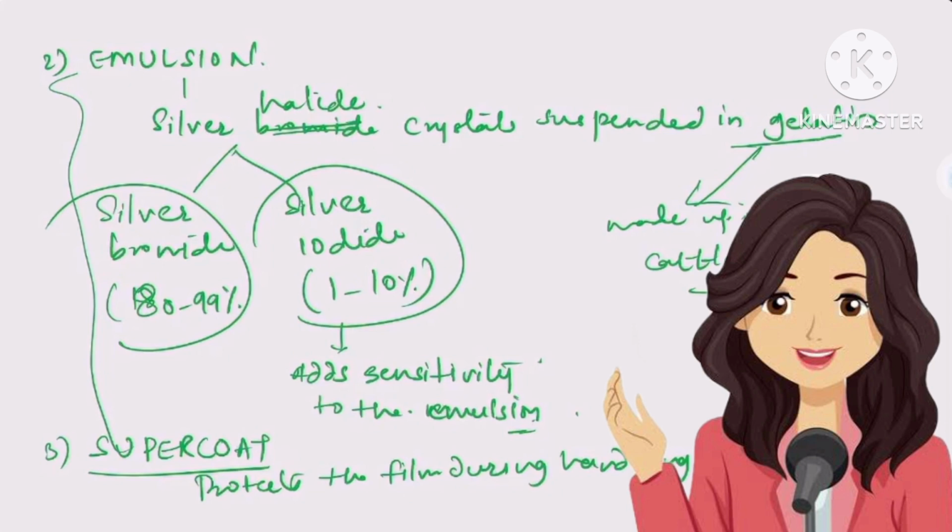The very important thing is the emulsion, made up of silver halide crystals, that is silver bromide and silver iodide. Silver iodide just adds sensitivity, which you will get to know in processing or formation of the latent image. So this is about the composition of the film.